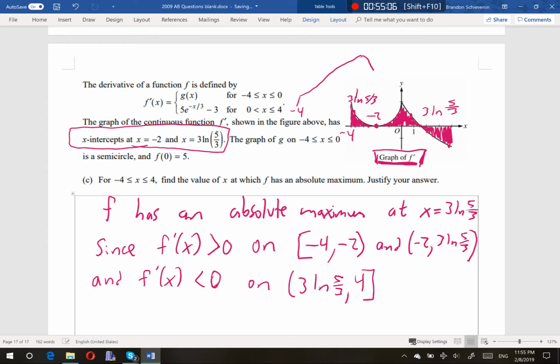After 3 ln 5/3, it started to decrease because my f prime was negative, which means the slope of my original graph, f, was negative. So if our graph changed from increasing to decreasing at the point 3 ln 5/3, then this should be a maximum.